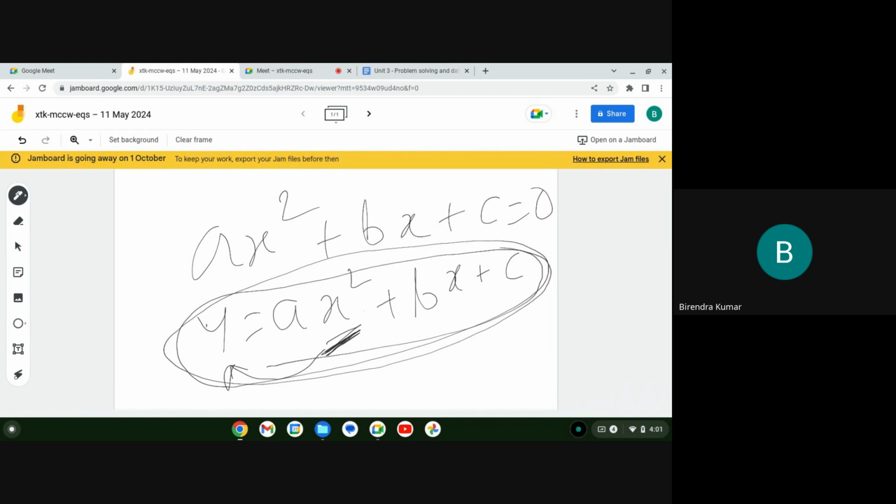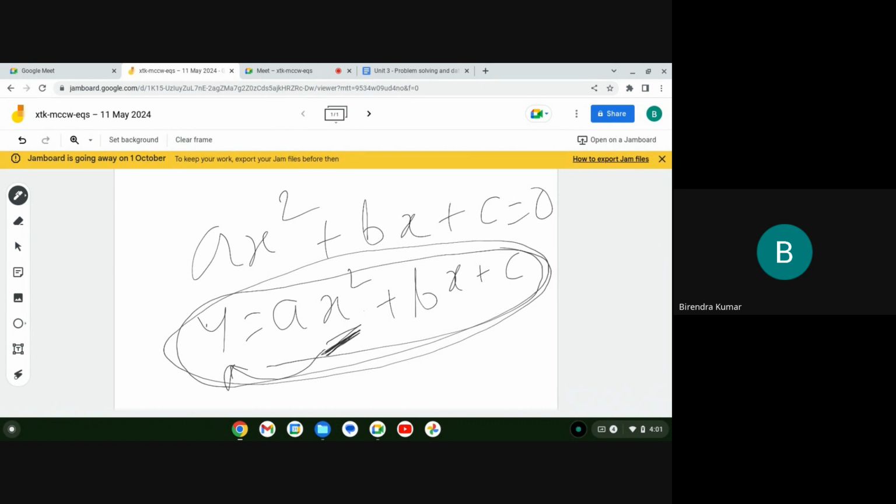So the only takeaway right now is there are two things that we're talking about: linear growth and exponential growth. In simple way, if you want to remember this, linear growth is something which can be represented by a linear equation, like the slope intercept form that we have seen, y equal to mx plus c.